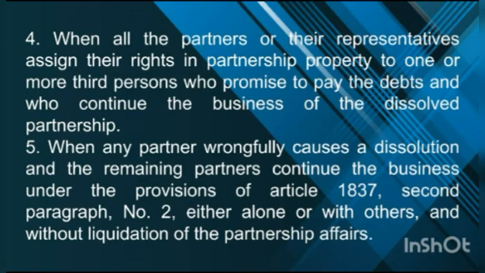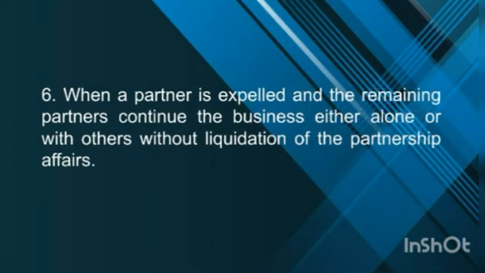Number 5. When any partner wrongfully causes a dissolution and the remaining partners continue the business under the provision of Article 1837, second paragraph, number 2, either alone or with others, and without liquidation of the partnership affairs. Number 6. When a partner is expelled and the remaining partners continue the business, either alone or with others, without liquidation of the partnership affairs.